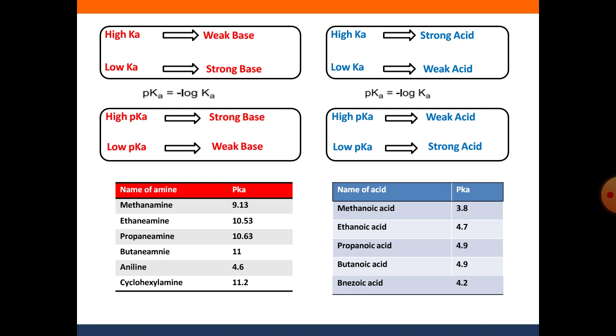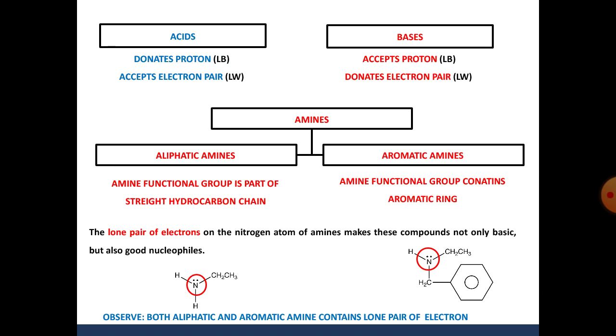In amines again there are two types. If it is attached to a straight aliphatic chain, then it is an aliphatic amine. If the amino moiety is attached to an aromatic ring, like benzene, then it is named an aromatic amine. In both, amine is the functional group.